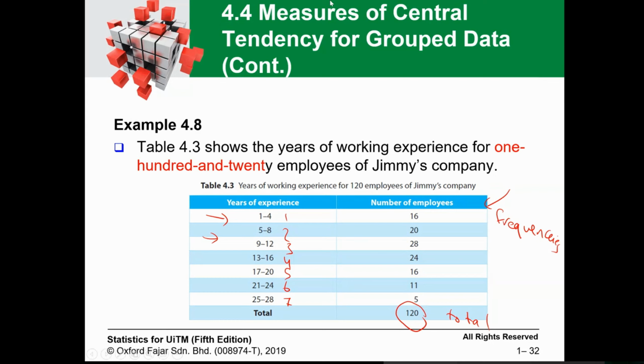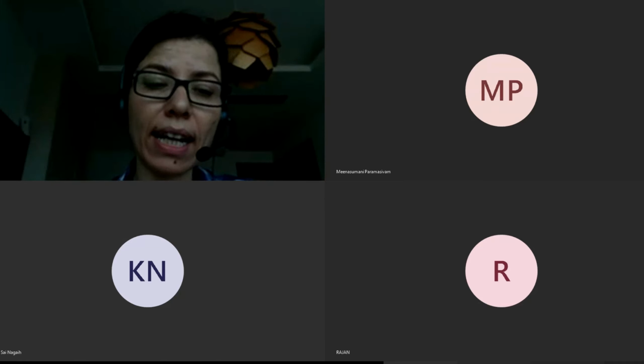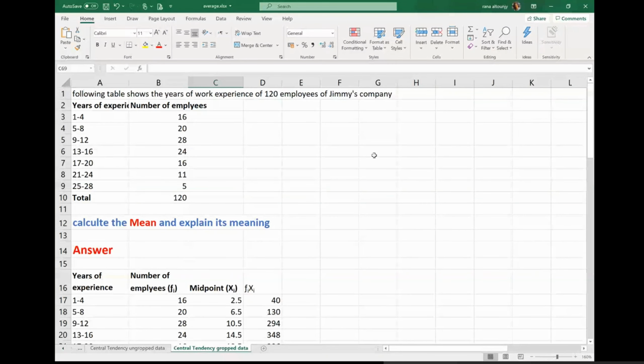To calculate the mean of this grouped data, let me open my Excel sheet and do the calculation. Let me share the Excel sheet. Okay, so here's our example.